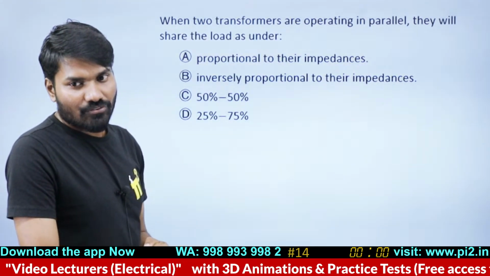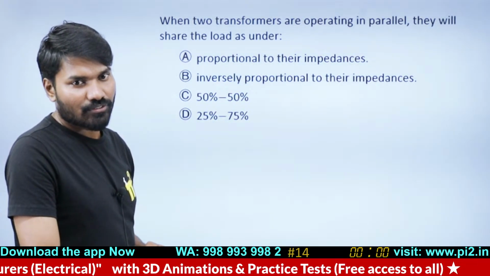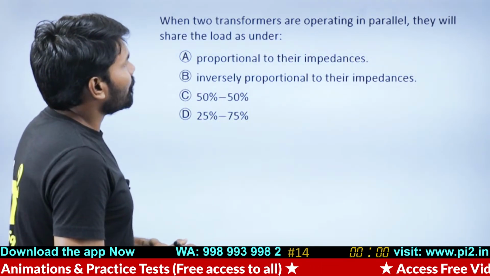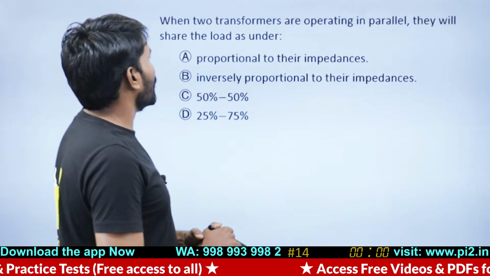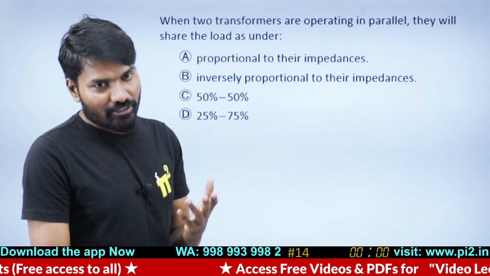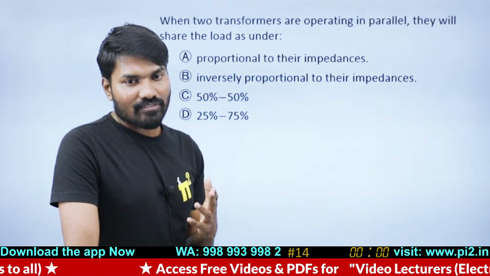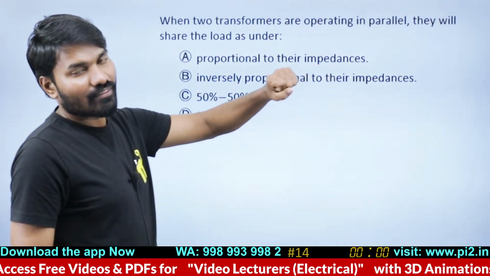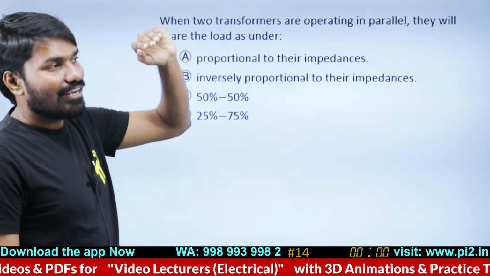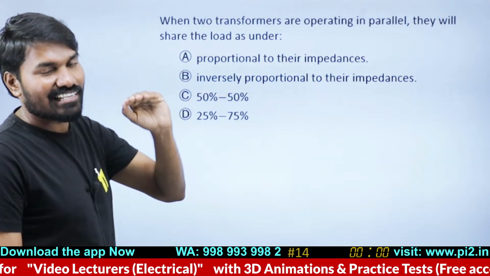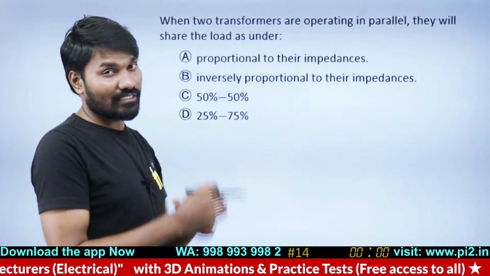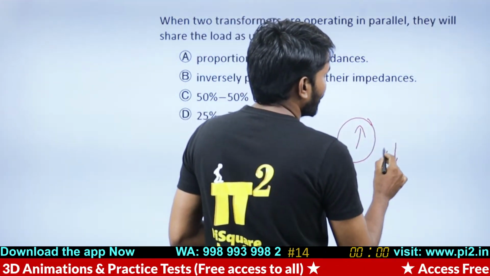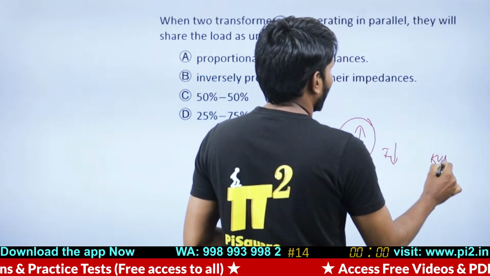When two transformers are operating in parallel, they will share the load as per impedances, which play the key role here. The higher the impedance, the lesser the current and the lesser the kVA, because voltage is the same in parallel operation. High impedance means low current, means low kVA.